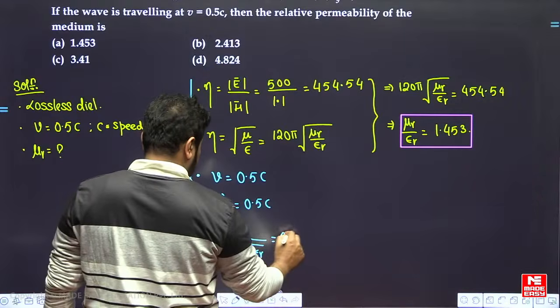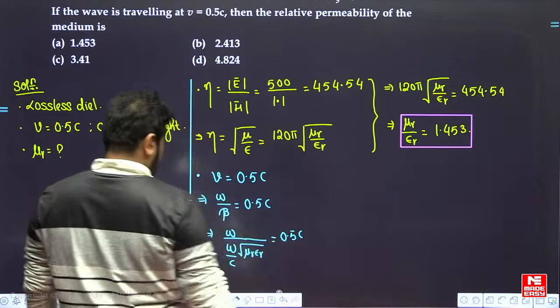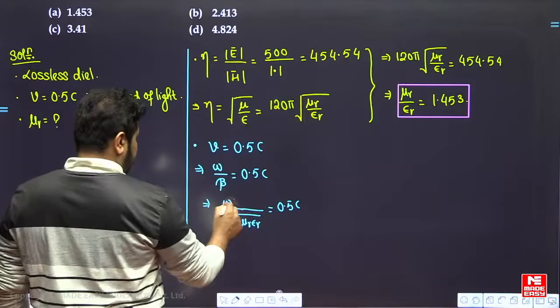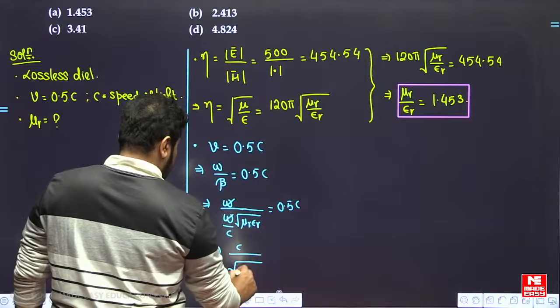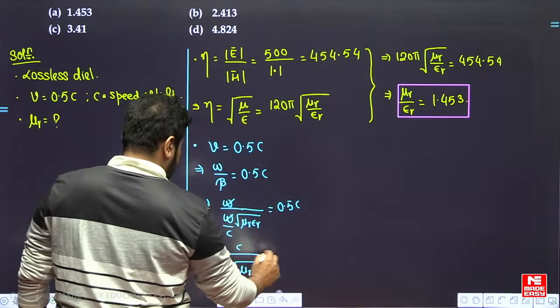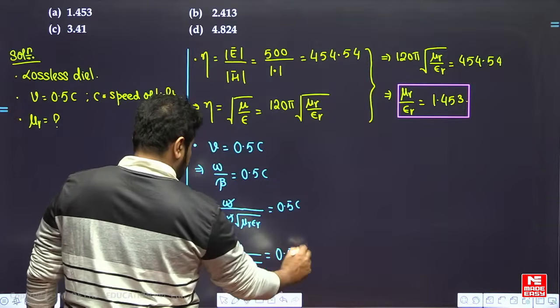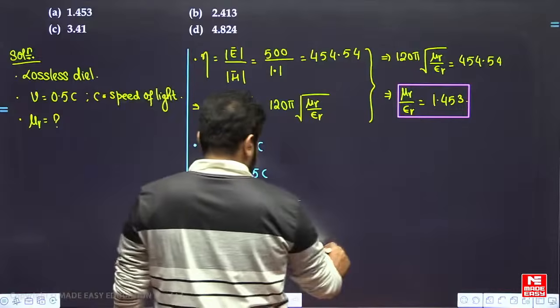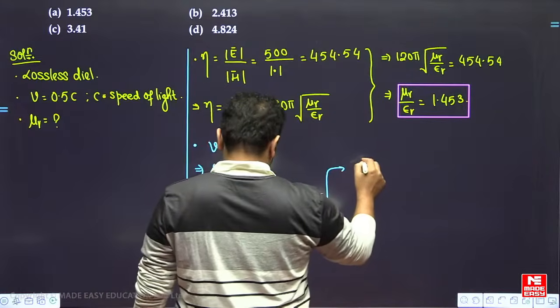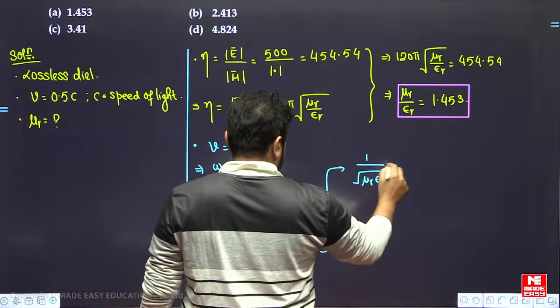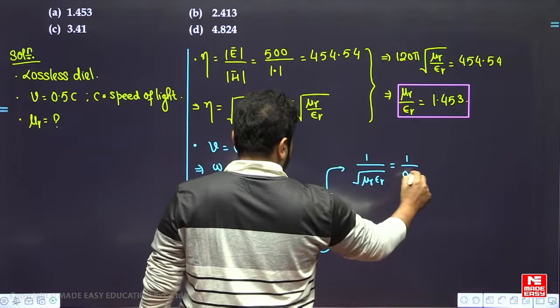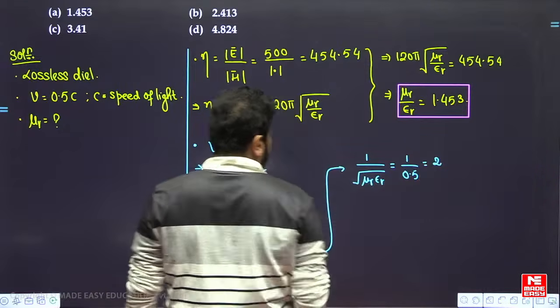This is equal to 0.5 C, correct. So from here I see that omega is getting cancelled. So C upon root under mu r into epsilon r is equal to 0.5 C. So C and C are getting cancelled.